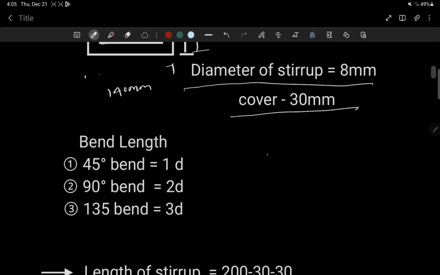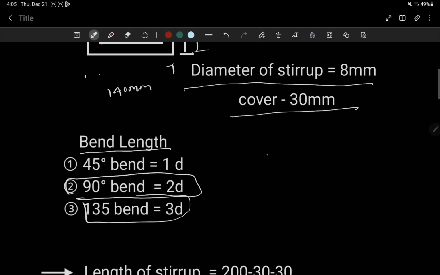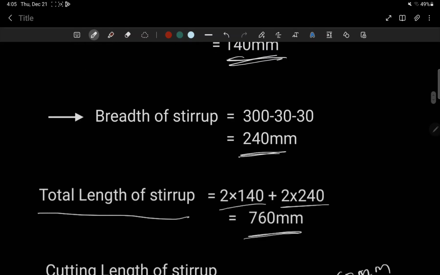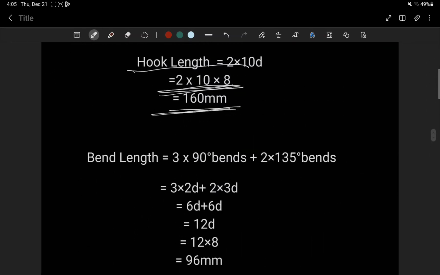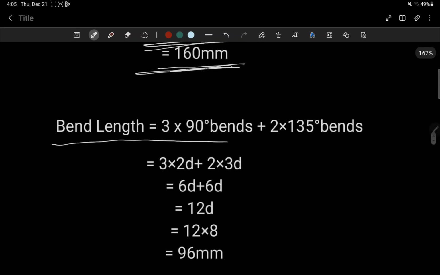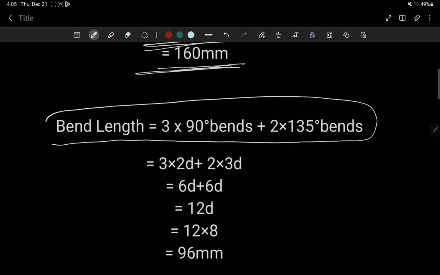We know that bend length is equal to, for 90 degrees bend it is 2d and for 135 degrees bend it is 3d. So here there are 3 90 degrees bends and 2 135 degrees bends.